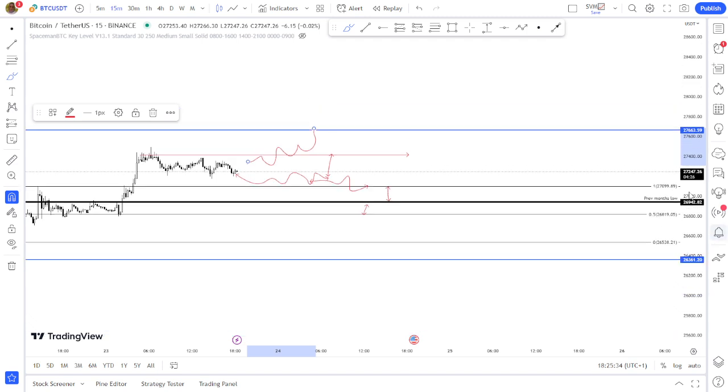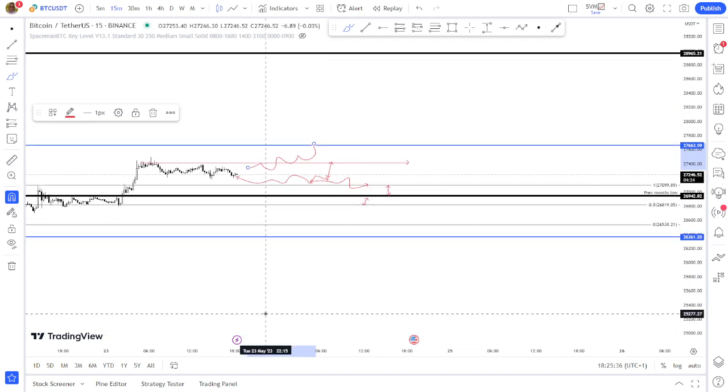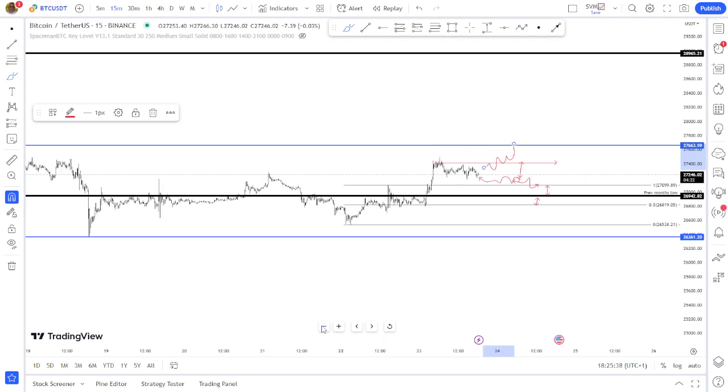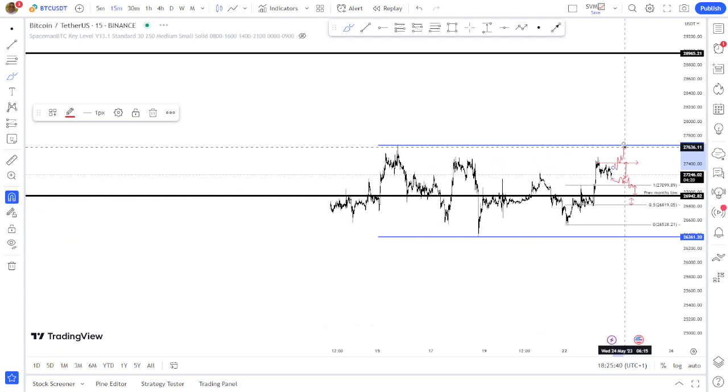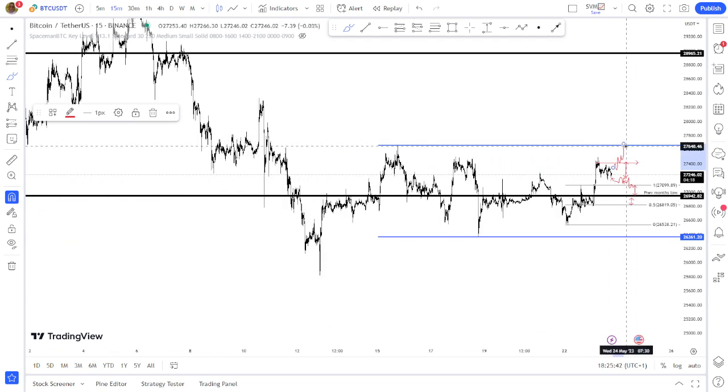Then the second one would be, let me zoom out, this is actually a major objective, so you can take most profits here.